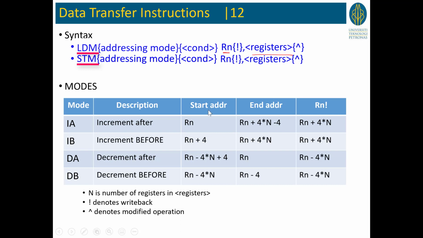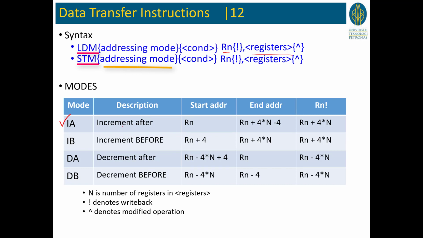There are different modes that you can use in the addressing mode. You have IA, which stands for increment after, IB, which stands for increment before, DA, which stands for decrement after, and DB, which stands for decrement before. Now, if you just leave it as LDM without any mode, then by default, it will take increment after as the addressing mode.